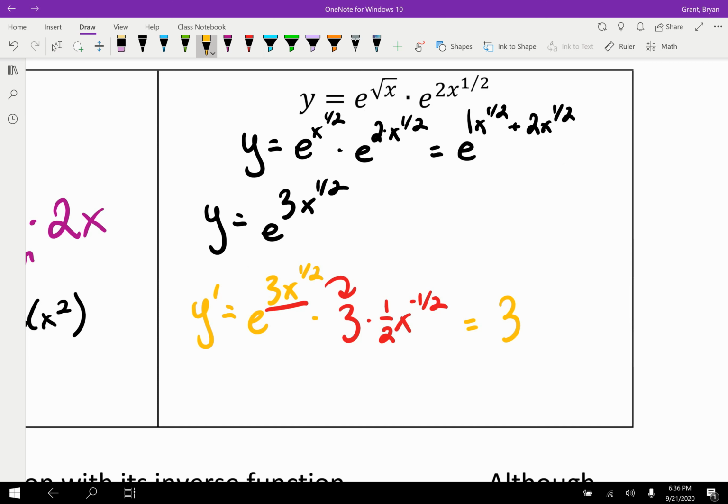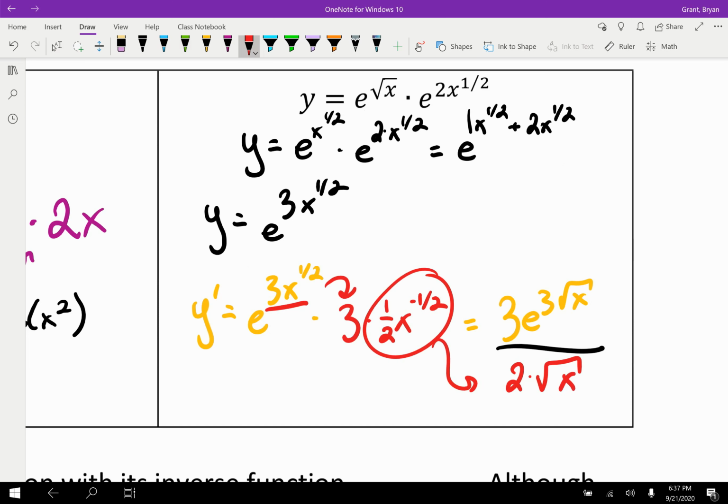This 3 and this e to the 3 square root of x all have positive powers, but then the rest of this part in red is going to drop down here. 1/2, really it's just a 2 in the denominator. So it becomes, I think, 2 times the square root of x.